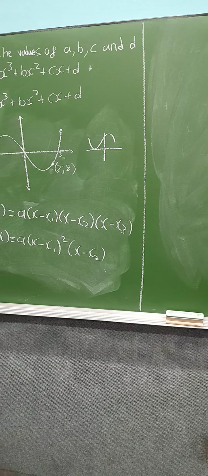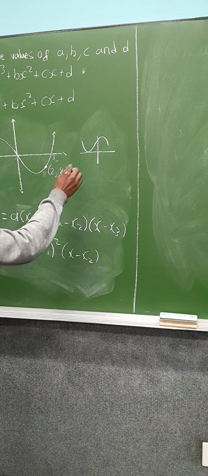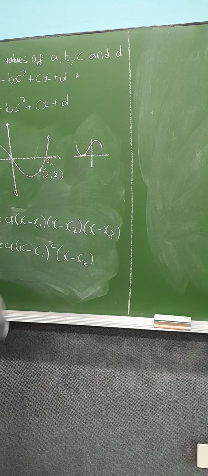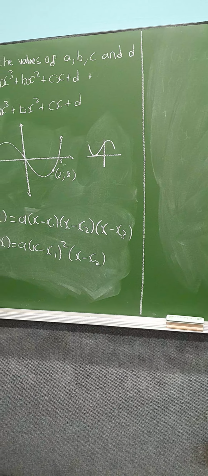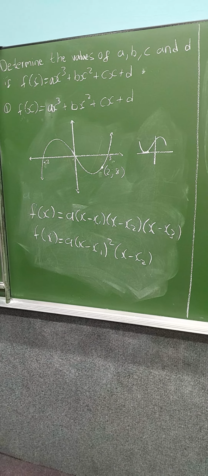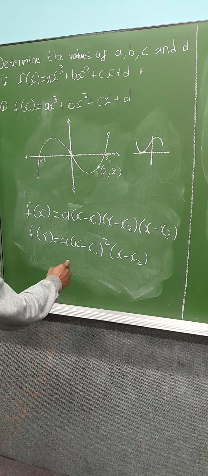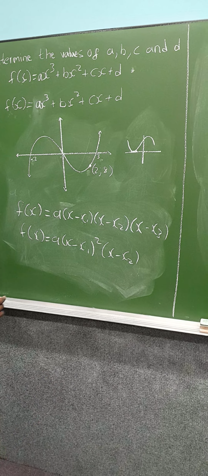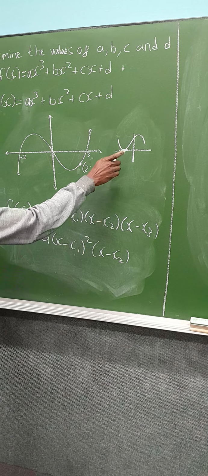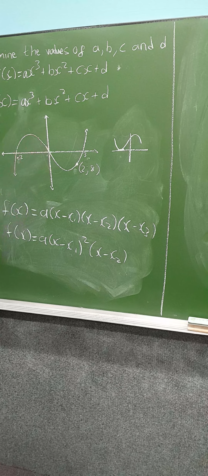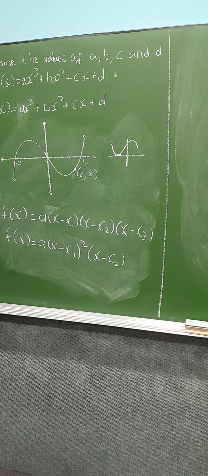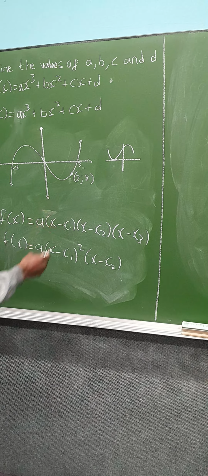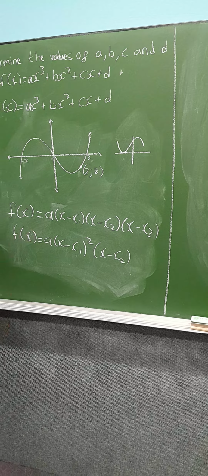For that graph, we can see that a turning point is being shared with the x-intercept. If we have a turning point that is being shared with an intercept, we are going to have the product of two same things, which is going to be a square, because we take it as having 2 points, the intercept and also the turning point at the same time. So that's why we have a square.